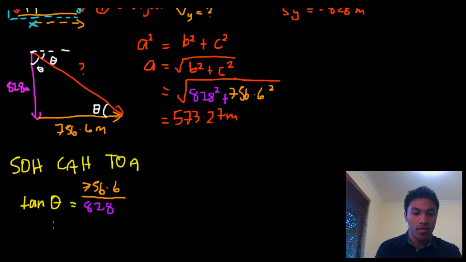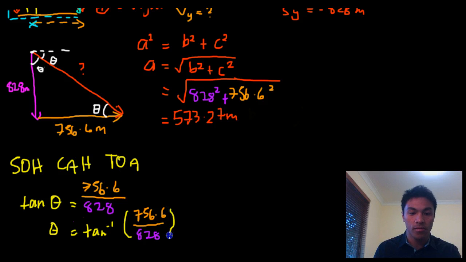So let's get theta. If we take the inverse tan of both sides, we will get theta on this side, and we will get inverse tan of our expression, 756.6 divided by 828, which should give us an angle of 42.42 degrees.